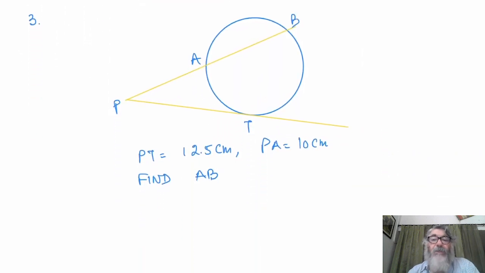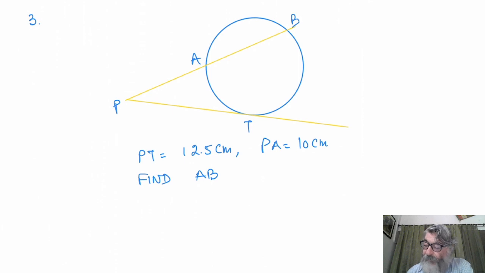Now the third sum was the application of the property that if a chord and a tangent intersect at point P outside, then the product of the lengths of the segments of the chord will be equal to the square of the tangent.